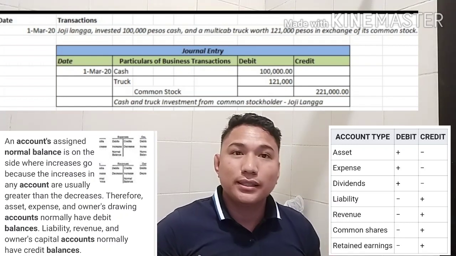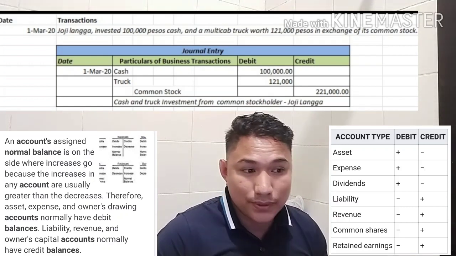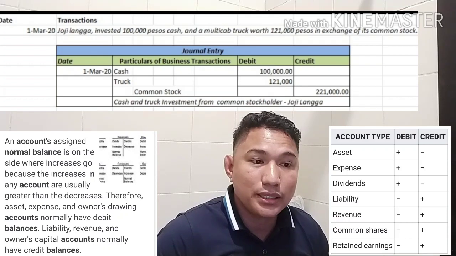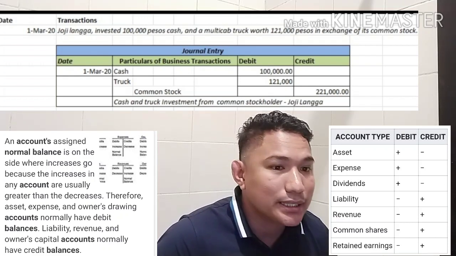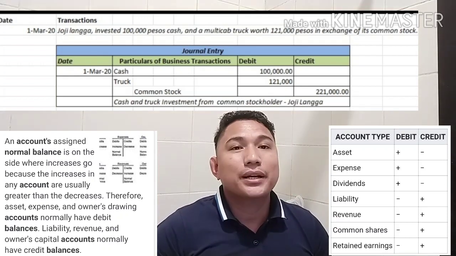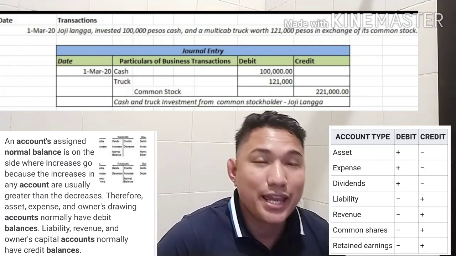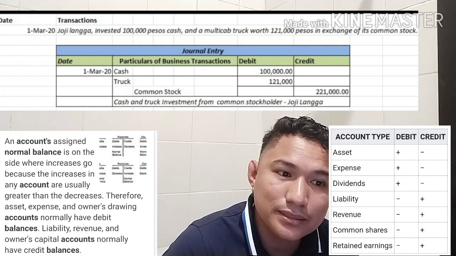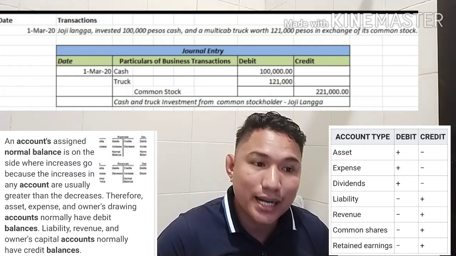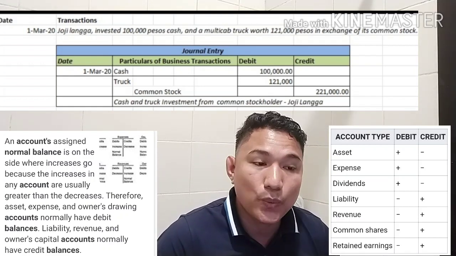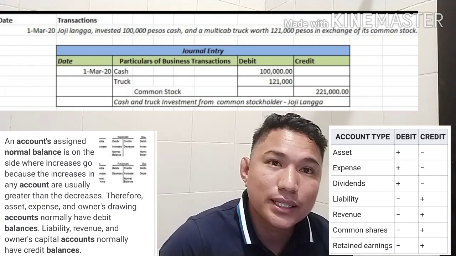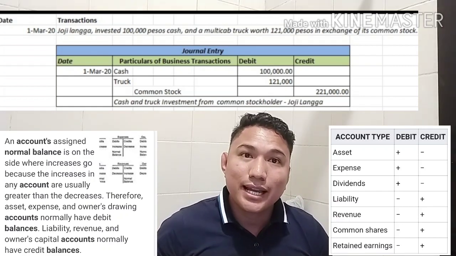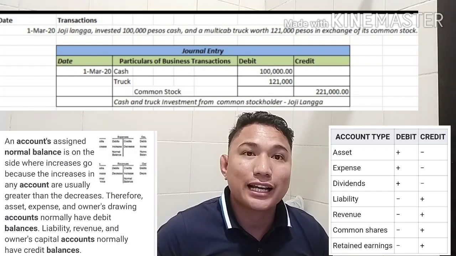So your entry as an account for this particular transaction is complete. My record shows that I received cash, my cash increased by 100,000, and my asset truck increased by 121,000, and then on the other side I have a capital increase.